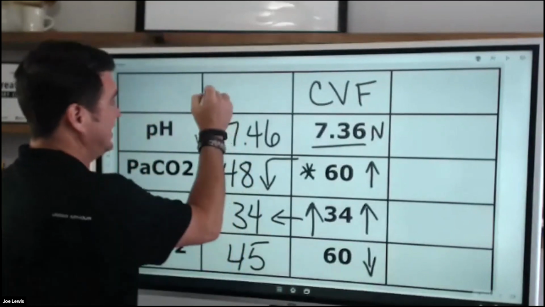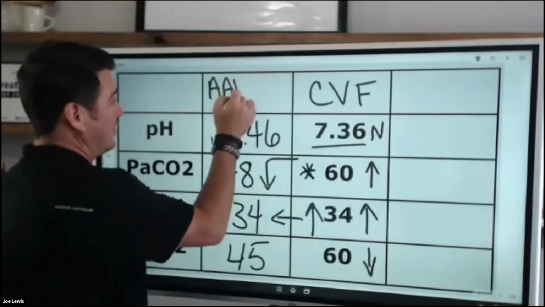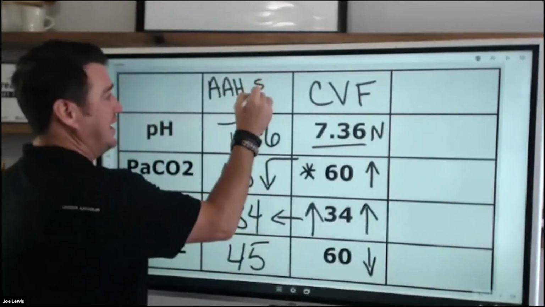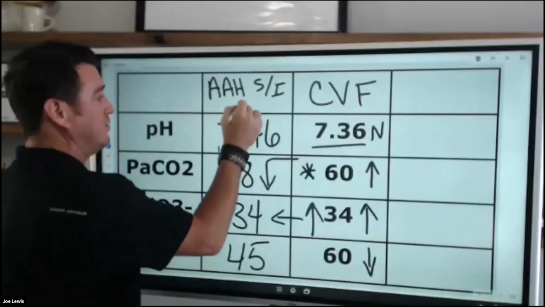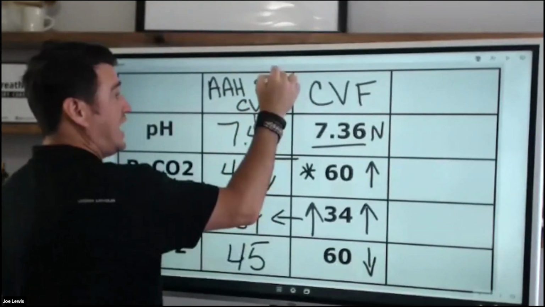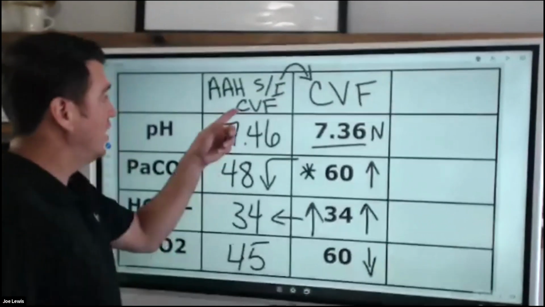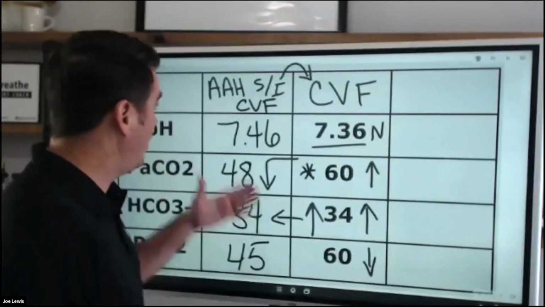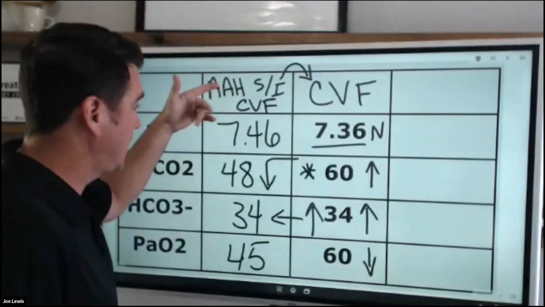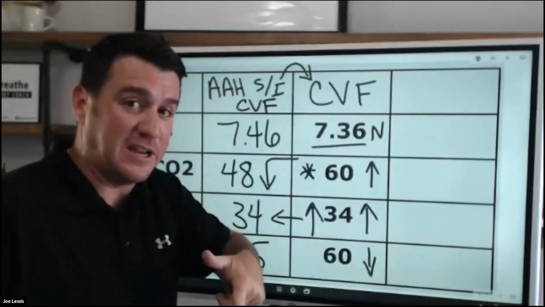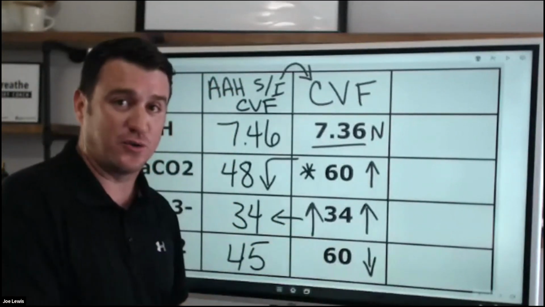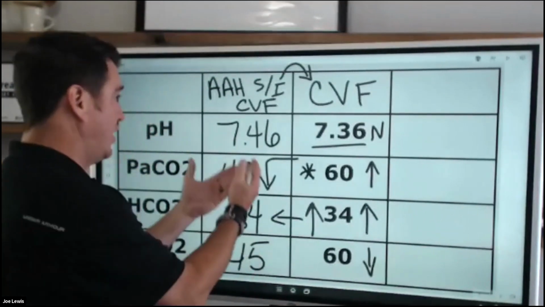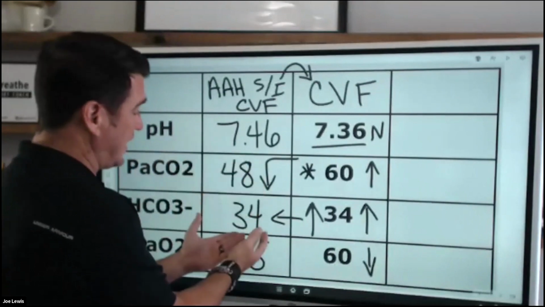That's exactly what this is, except this is now superimposed on top of this person's normal of chronic ventilatory failure. So you would look at this and go, oh, this person is hyperventilating, but they're hyperventilating from a state of chronic ventilatory failure. So, acute alveolar hyperventilation superimposed on chronic ventilatory failure.